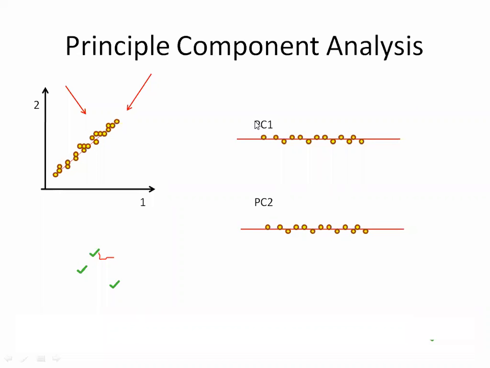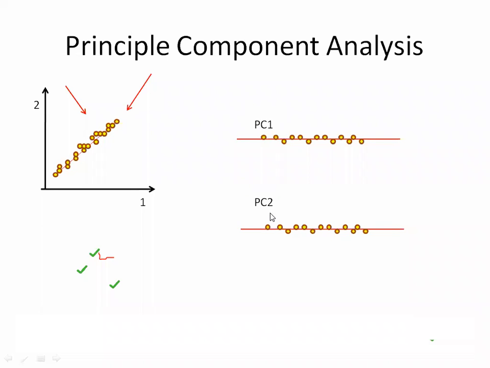Now, how many principal components are there? Suppose it is 3-dimensional, then up to 3 or less than 3 principal components we can define. For example, for a 5-dimensional space, we define principal components PC1, PC2, PC3, PC4, and PC5.